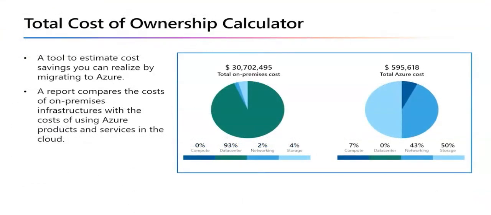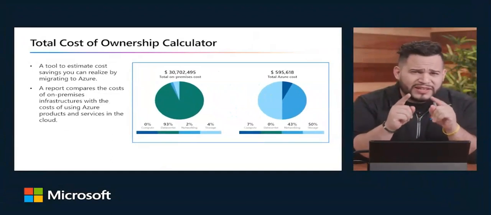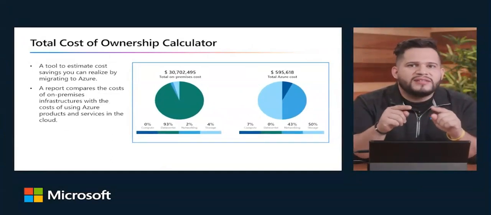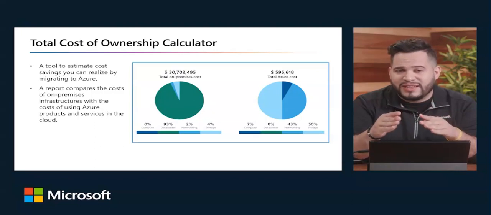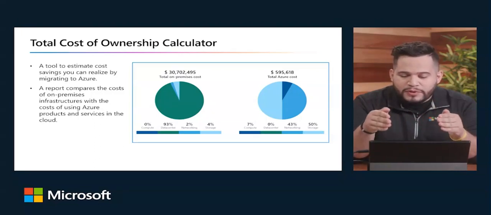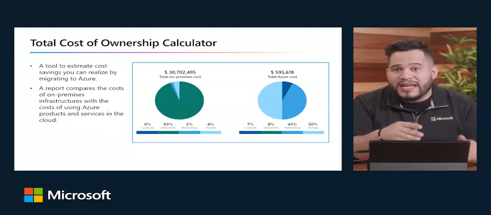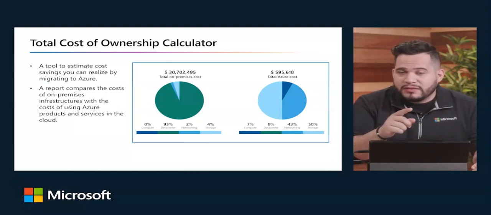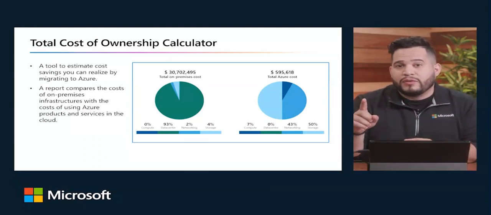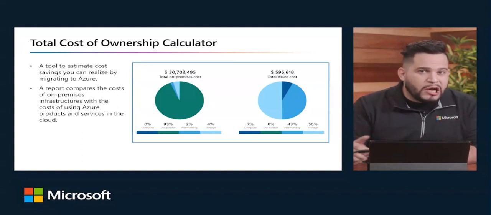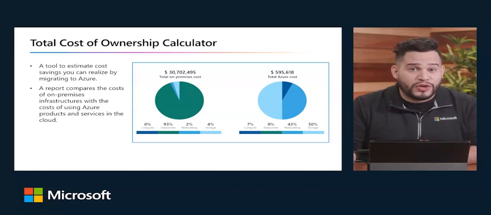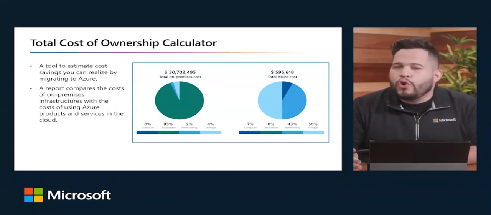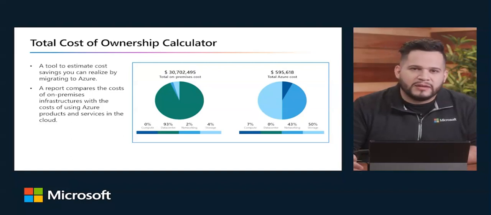Now that was the pricing calculator, but let's take a close look at this slide. As you can see here, the majority of the cost actually comes from the data center. 93% of it is coming from the data center. But when you move to the cloud, when you migrate, because we're in the public cloud, and even if it's just IaaS or infrastructure as a service, we're no longer having that physical responsibility.